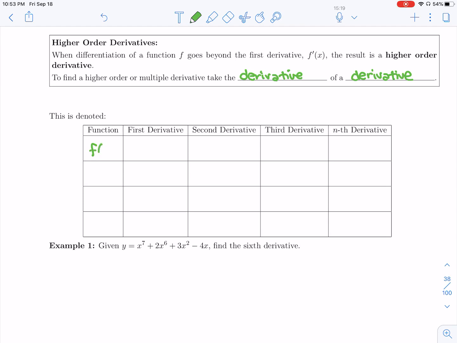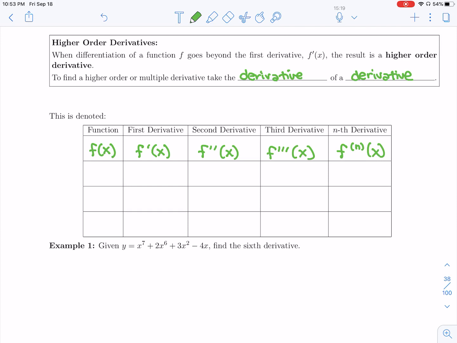So if our function is f of x, our first derivative, like we've been taking, we've called it f prime. Now we're going to go beyond that and we want to remember to label it. F double prime of x would be a second derivative. F triple prime of x would mean the third derivative, and then after that it just becomes too cumbersome to write those primes. So we normally would put the number of the derivative up in superscript.